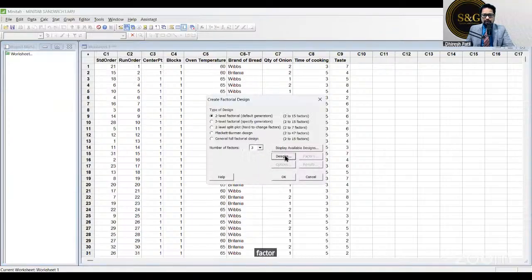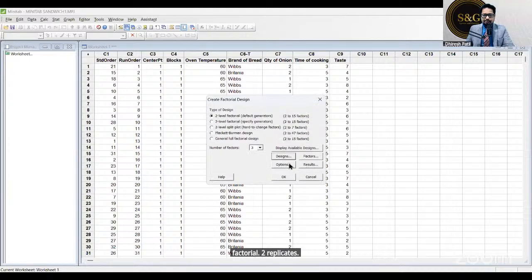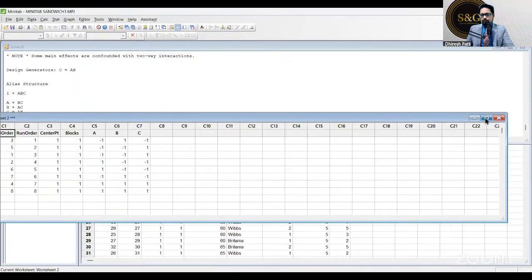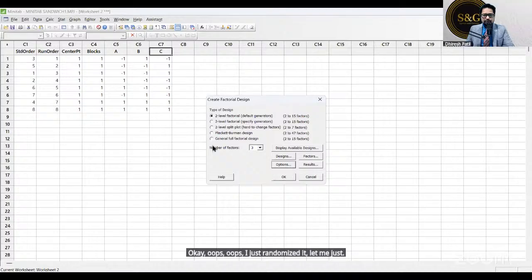Factorial, 2 replicates, and click on OK. Okay, here, so now I have got factor A, factor B, and factor C. Oops, I just randomized it. Let me go to option and uncheck randomization and click on OK.